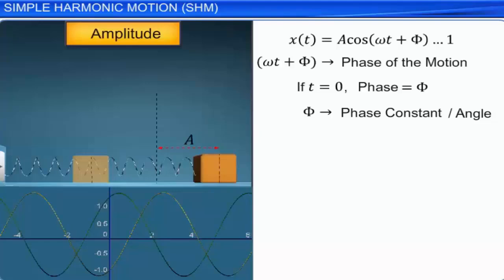For simplicity, if phase constant φ is considered as 0, equation 1 above can be written as x = A cos ωt.